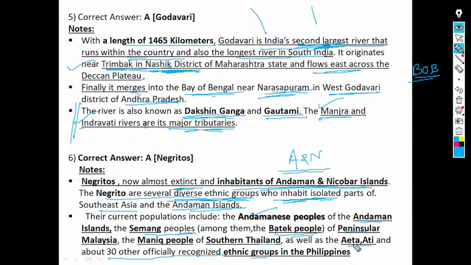So near about we see the ETA, ATI, and Vanik people of Malaysia; these are the ethnic groups.